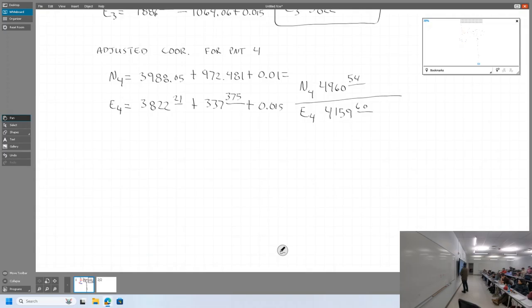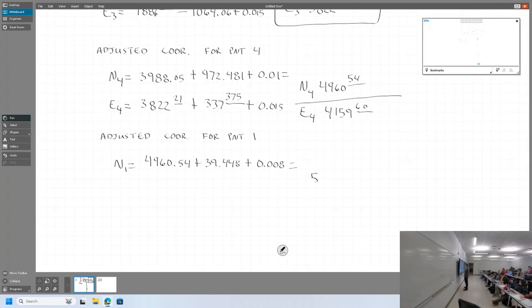So now to close it, closing back on 1. At the northing of 1, we have our adjusted coordinates there that we're coming back off of. Again, we have our latitude from step 6, plus our correction in latitude of 8 thousandths.